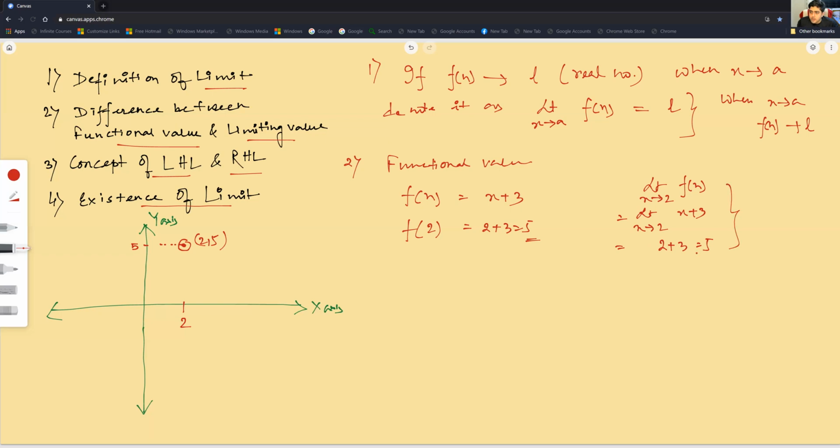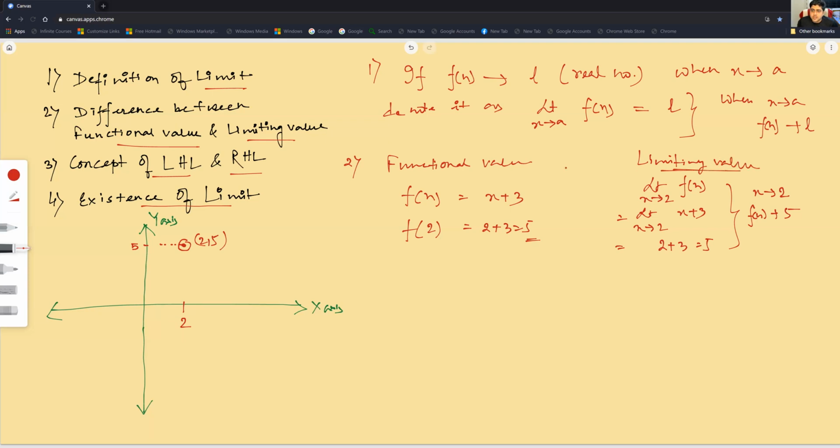But we can write this is 5, but actually the meaning is not 5. If x tends to the point 2, then f of x tends to the value 5. Understood? So this is the limiting value.